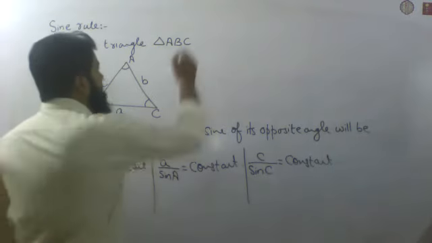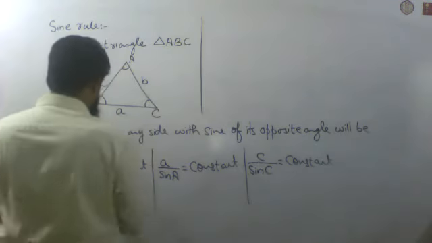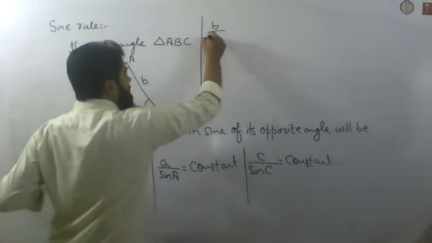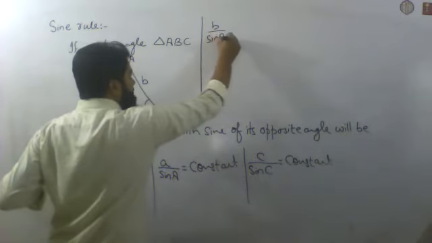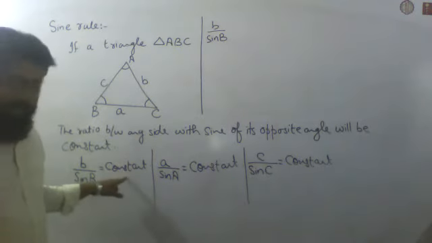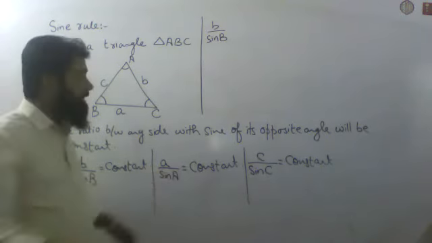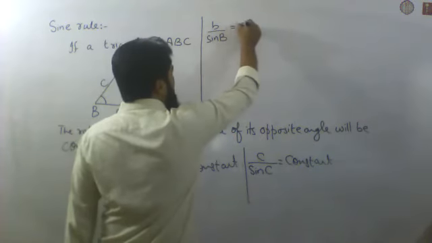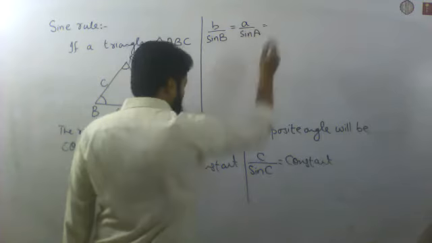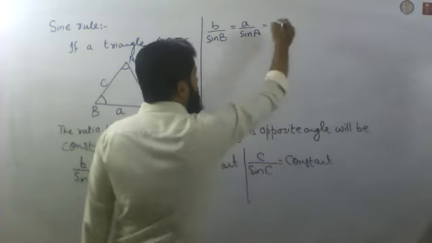Now, if this is equal to constant, this is equal to constant, this is equal to constant, it means that B upon sine B will be equal to constant, and this thing is also equal to constant. So I will be saying A upon sine A, and this is also equal to constant.